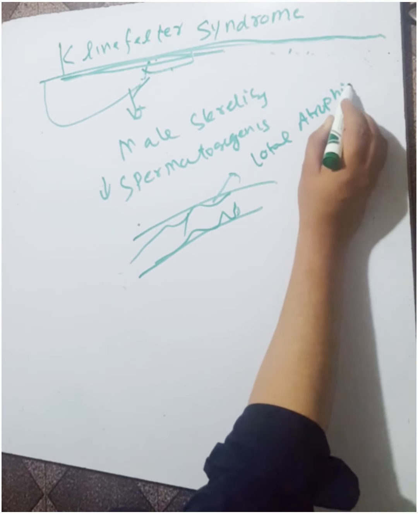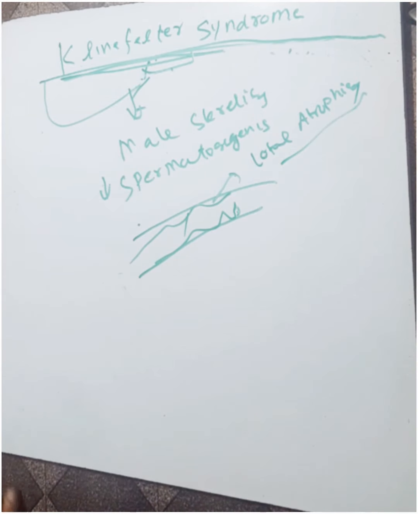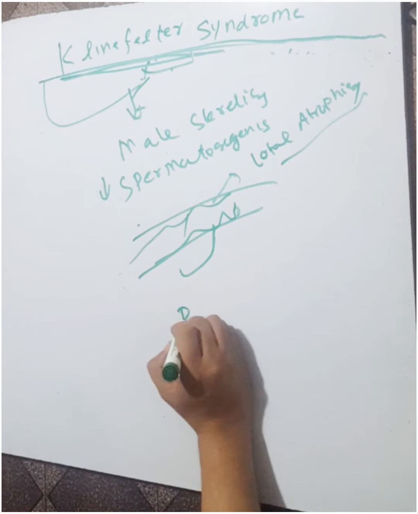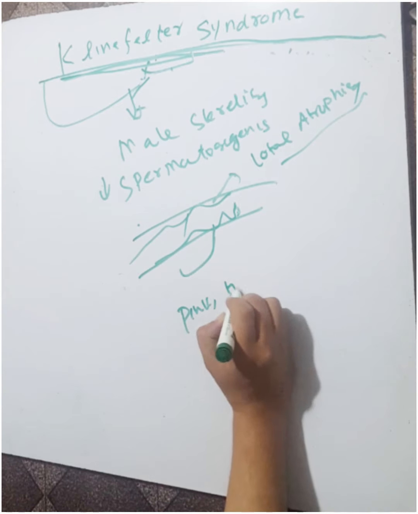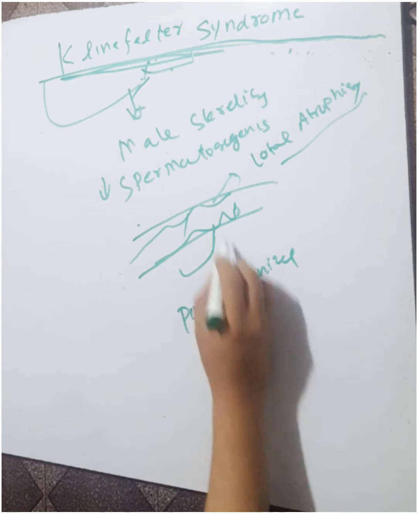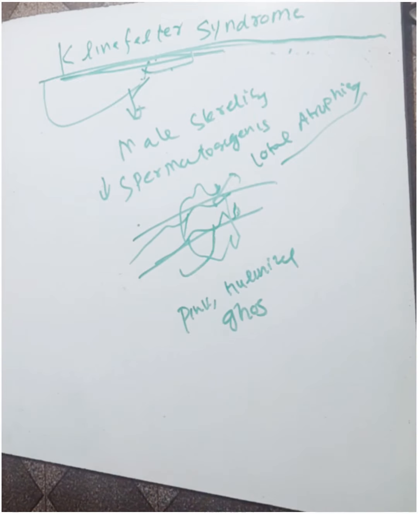In the Klinefelter syndrome, this atrophied testicular tubule is replaced by pink hyaline collagenous ghosts. There is total testicular tubule atrophy.